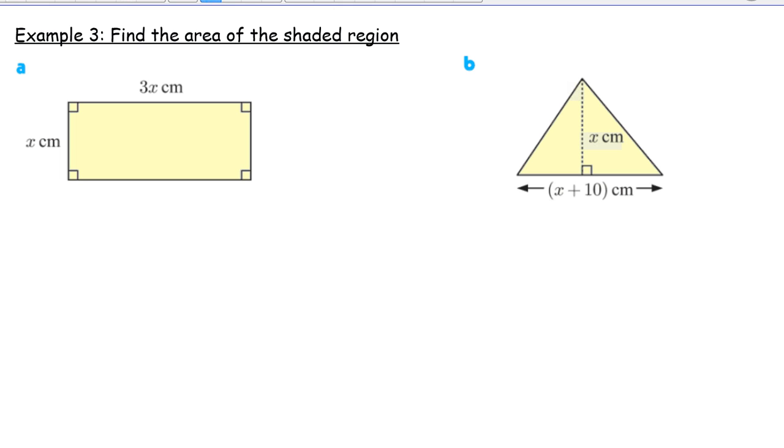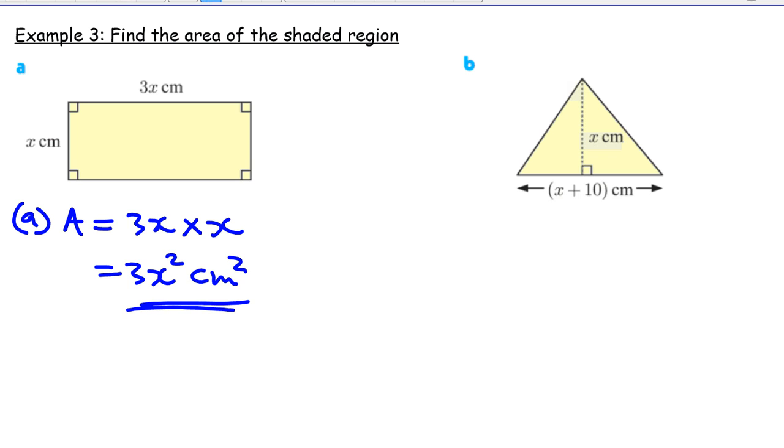Next, find the area of the shaded part. Start with A. This is a rectangle. So the area will be equal to length times width, which is just 3x multiplied by x, which will give you 3x squared centimeters squared.